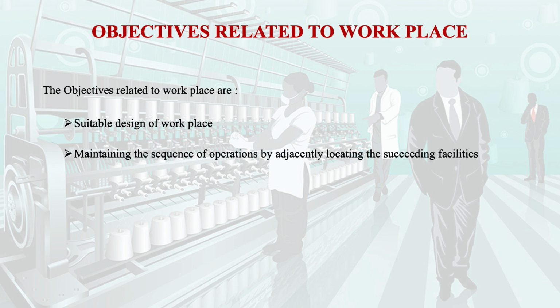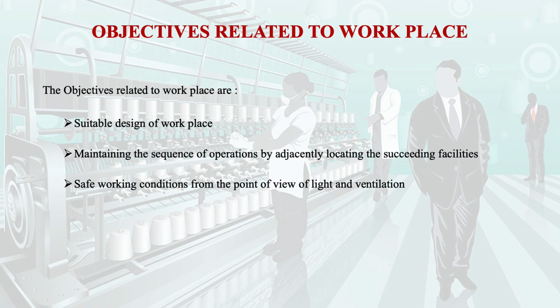If an operation needs 4 processes, then the whole process should be linked sequentially. So one by one, the product comes to station 1, then 2, then 3, then 4.